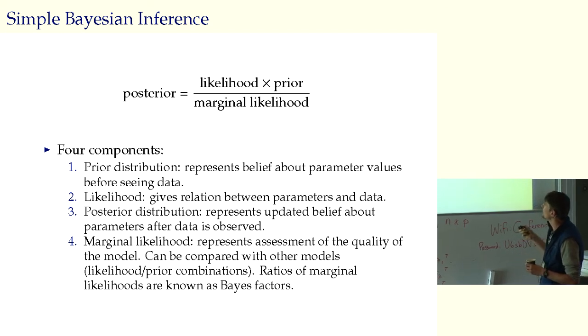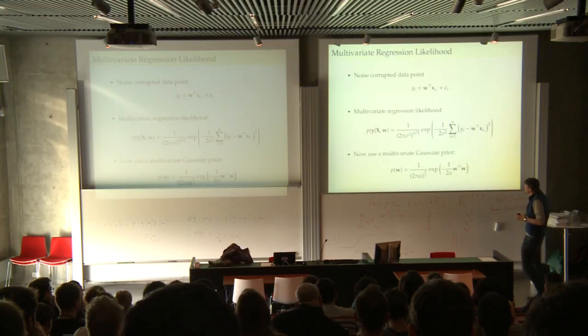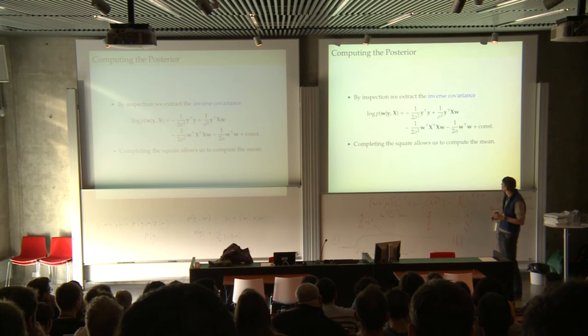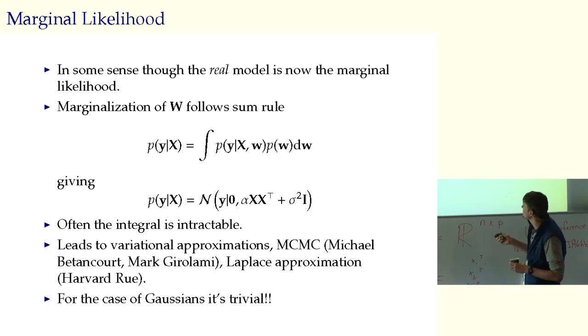My argument would be that's the new likelihood, the real model. I don't really like the term likelihood so much. That's the model we're interested in. So we can actually compute the marginal likelihood in that case, and it has this form.